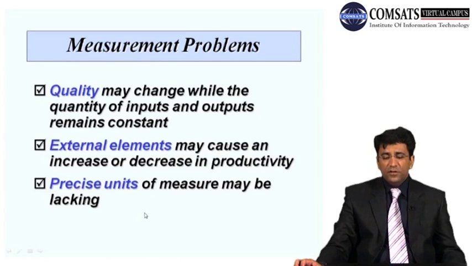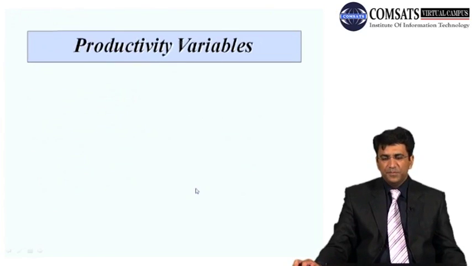Another important thing with respect to productivity measurement is that we'll have to take into account the precise units of measurement for our inputs as well as our outputs. That is, the units of measurement for the inputs and outputs should be consistent. If these are different, that will not give you the appropriate value of productivity. So these are some of the limitations with productivity measurement.